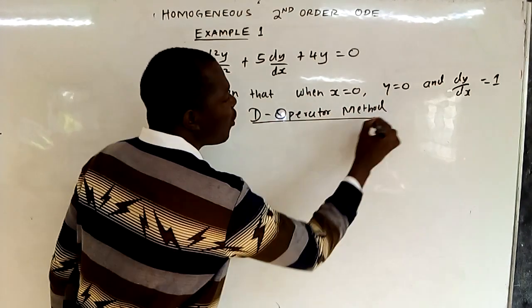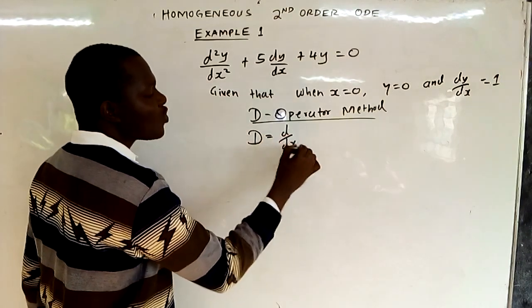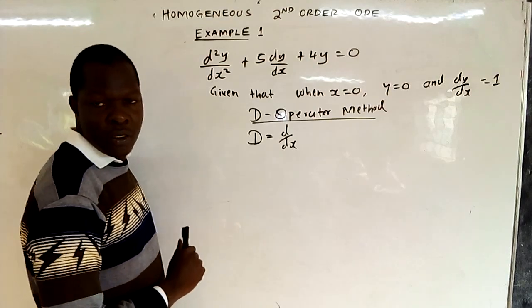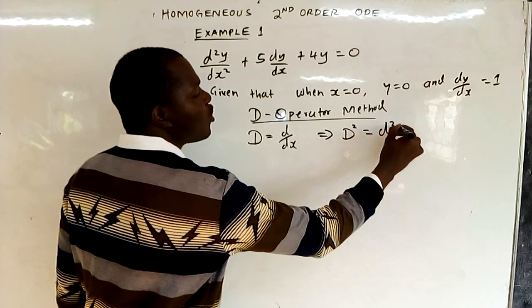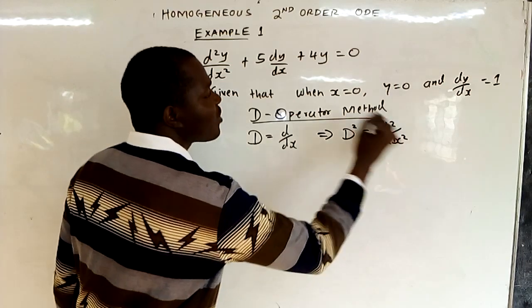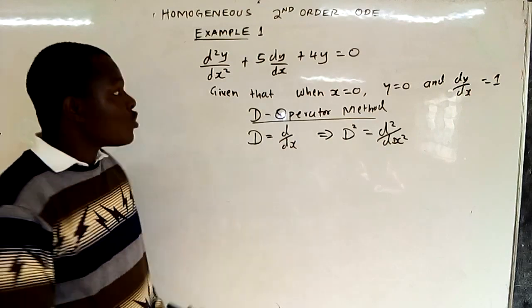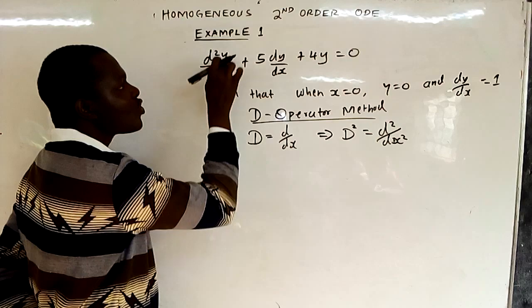So it means where there is d dx, we replace it with D. The D operator method implies d squared is d squared over dx squared from our equation. So in the first term, d squared over dx squared is D squared, acting on this y.